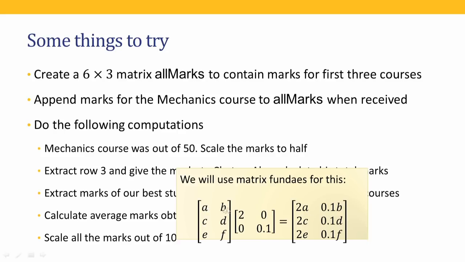You can just simply do this matrix multiplication and see this for yourself. So, A multiplied by 2 plus B multiplied by 0 is going to be 2A, A multiplied by 0 plus B multiplied by 0.1 is going to be 0.1B, so on and so forth.